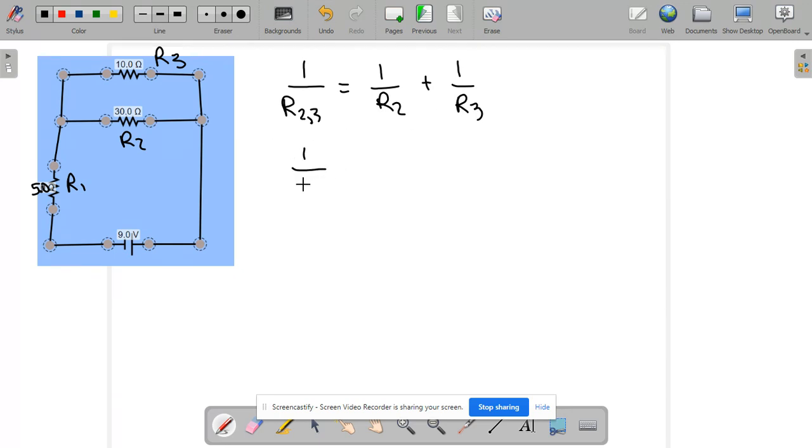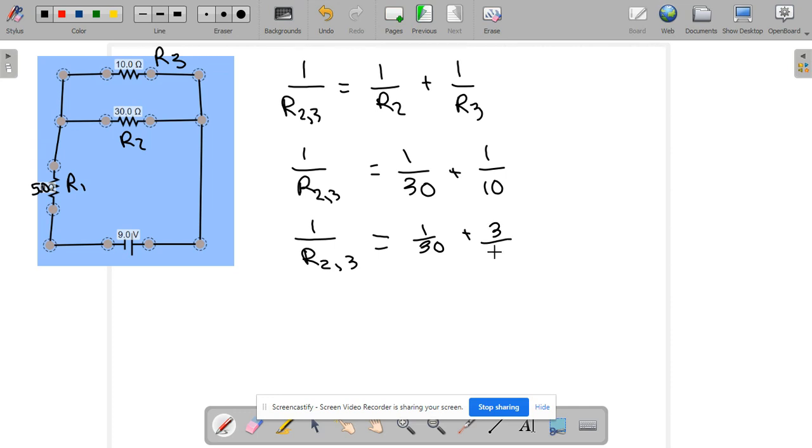So basically this is 2 and 3 in parallel. So we got 1 over 10 plus 1 over 30. This makes 1 over R2,3 equal to 3 over 30 plus 1 over 30.